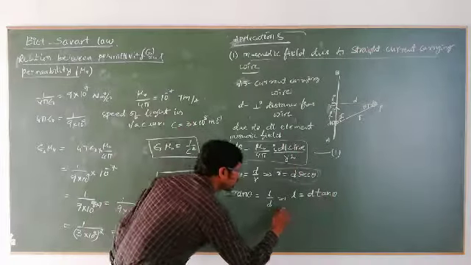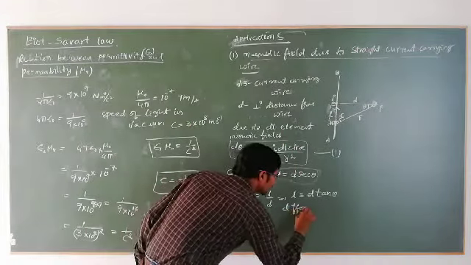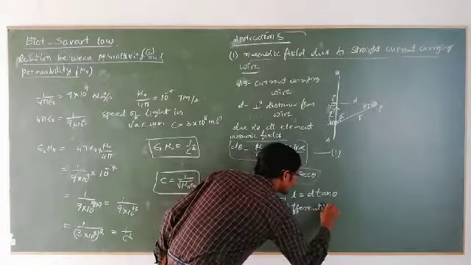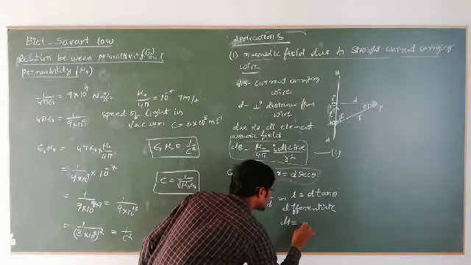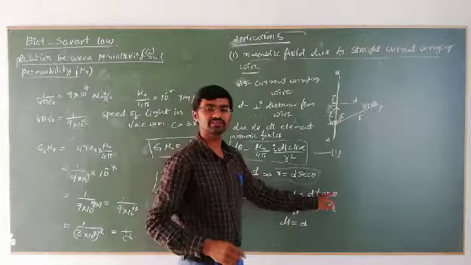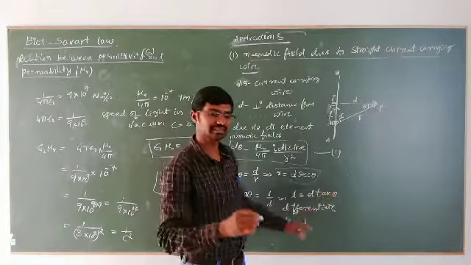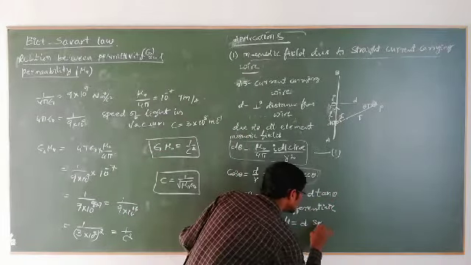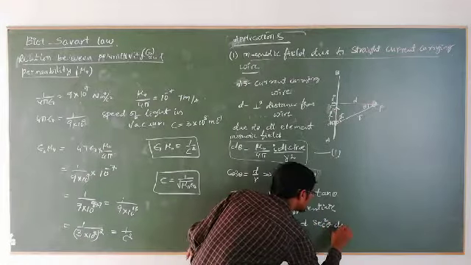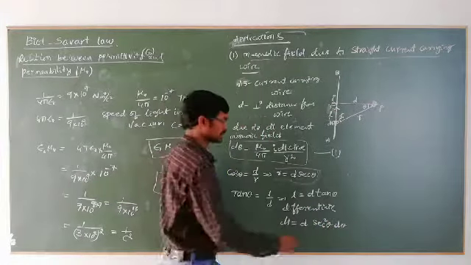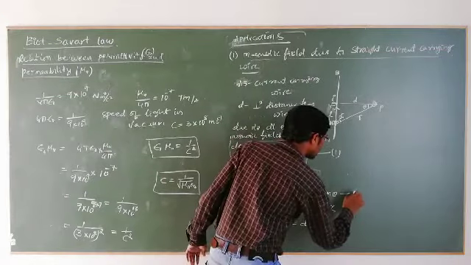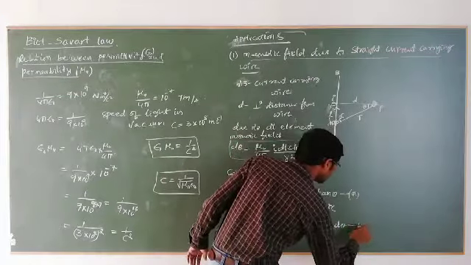Now differentiate on both sides. Then dl is equal to what you get? D into the differentiation of tan theta, secant square theta d theta. So dl is d secant square theta d theta. Let me call this A and this B.